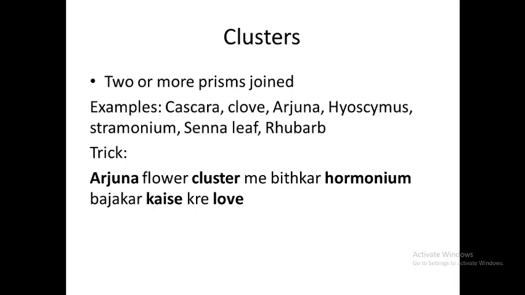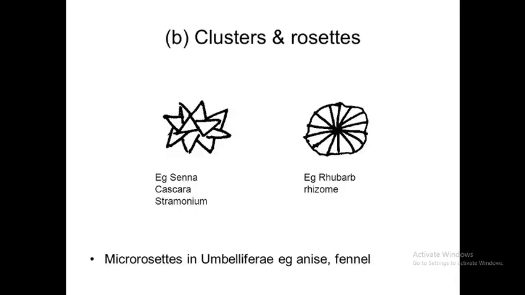By using the word harmonium you can remember the stramonium plant. Then कैसे करे indicates cascara, and love indicates the plant clove. So this is the trick to remember the cluster-shaped calcium oxalate crystal.